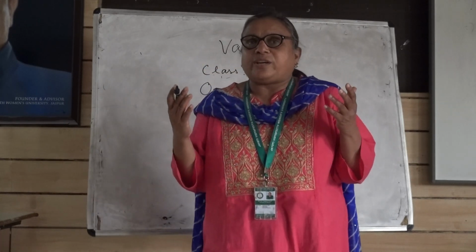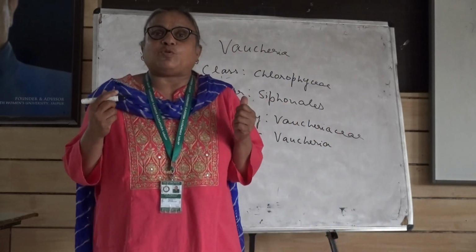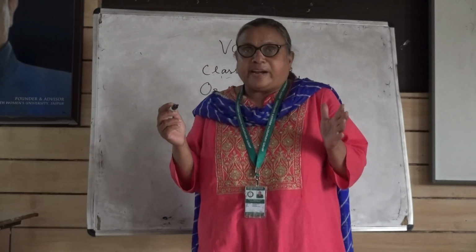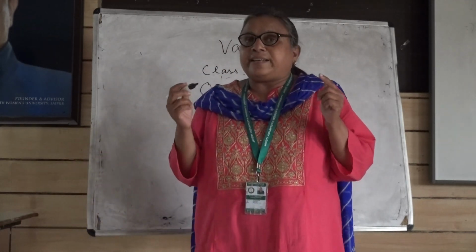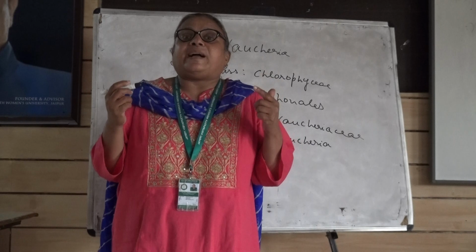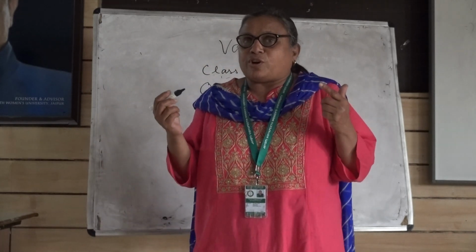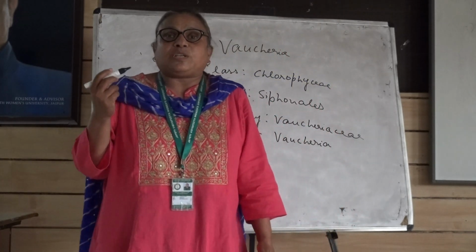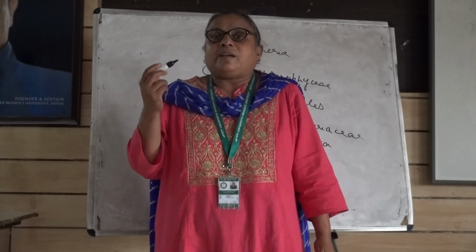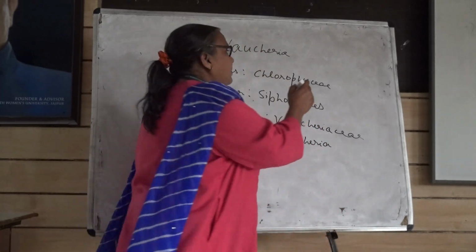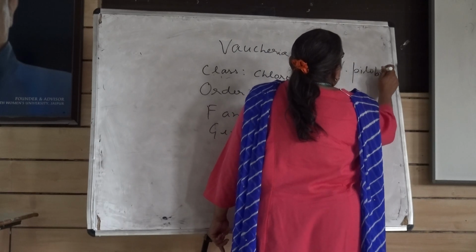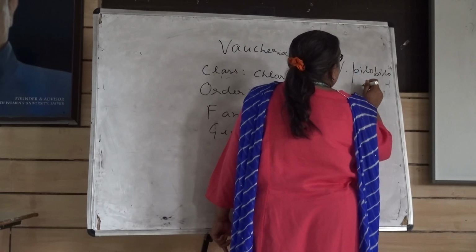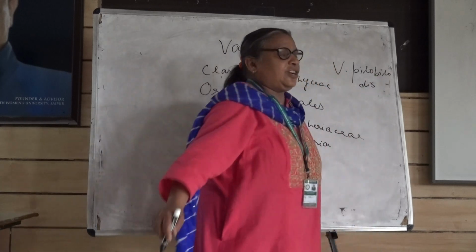cosmopolitan in distribution, but 19 species of Vaucharia are found in India. Most of the species of Vaucharia are terrestrial and they are found in fresh water also. But a few species are marine also, for example Vaucharia piloboloides.